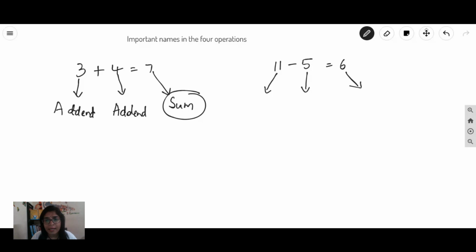Do you know what the first number of subtraction is called? It is called the minuend. And the second number of subtraction is called the subtrahend. And the answer of subtraction is called the difference.